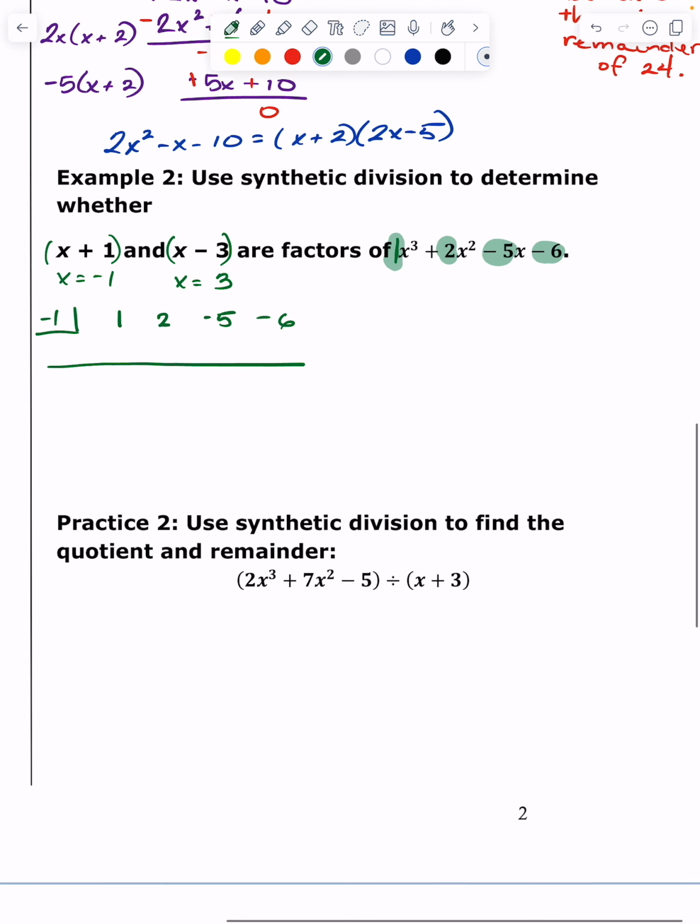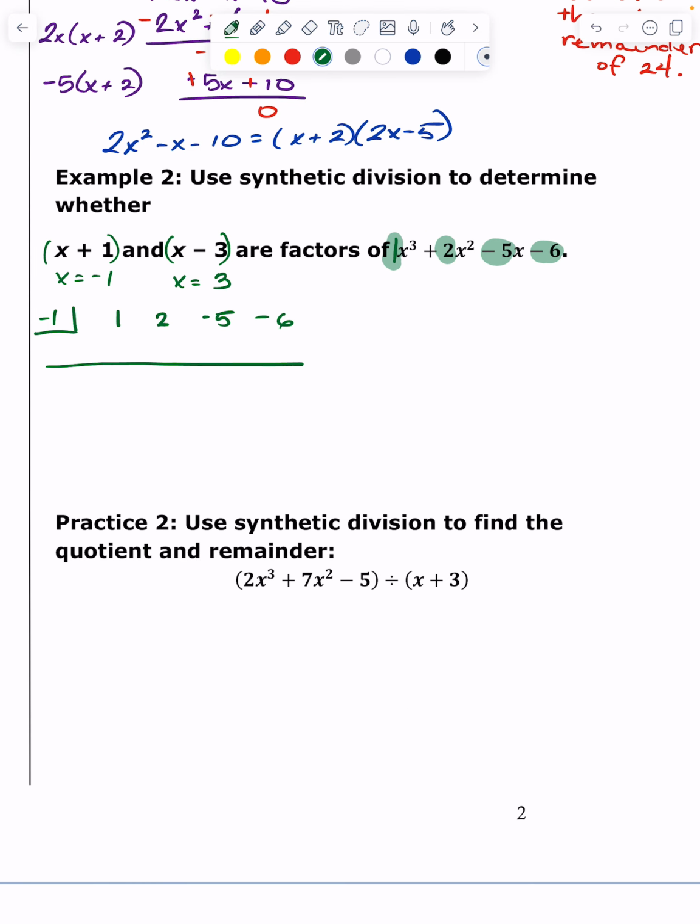These are kind of nice because we only do one operation at a time. We always add straight down. 1 plus nothing is 1. When we move across this line, we multiply by our potential root, whatever's in the little box. So I've got 1 times -1, I get -1. Add straight down, 2 plus -1 is 1.